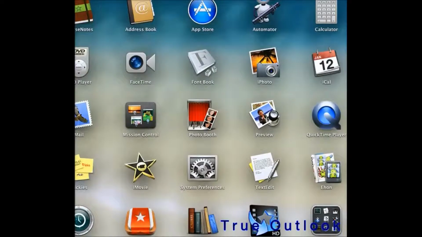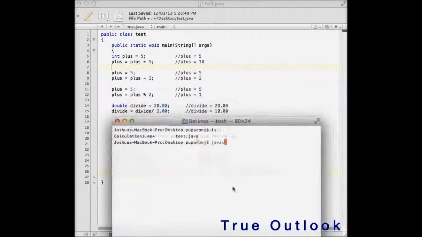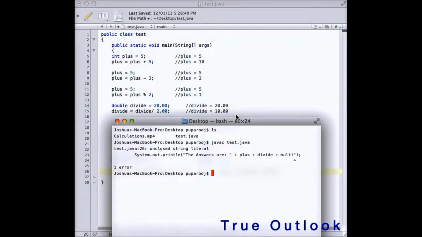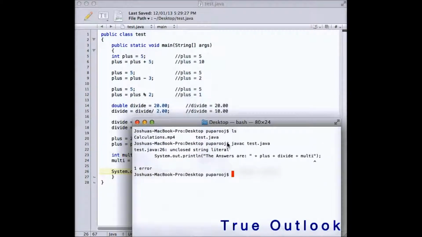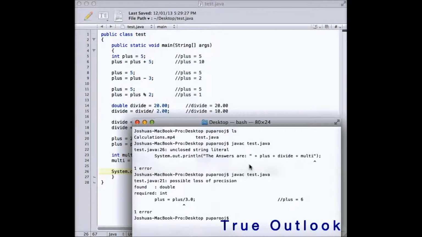So in our terminal, test.java, see if that goes. Strange, it's still, oh, got to save it, alright. Precision.